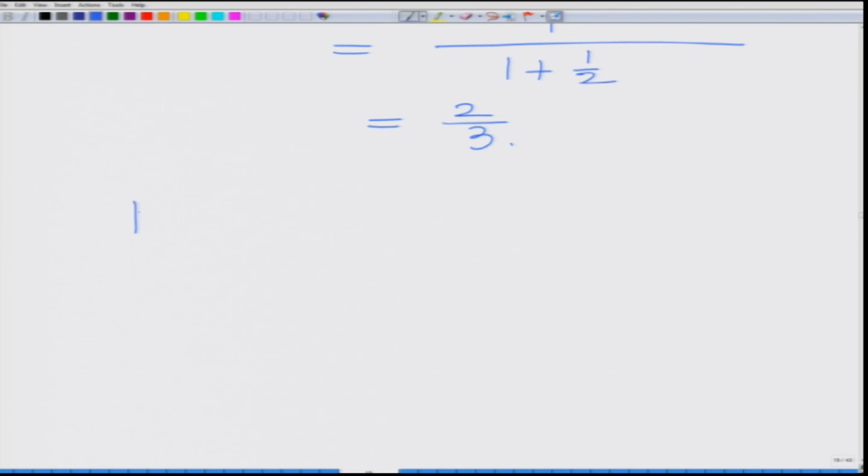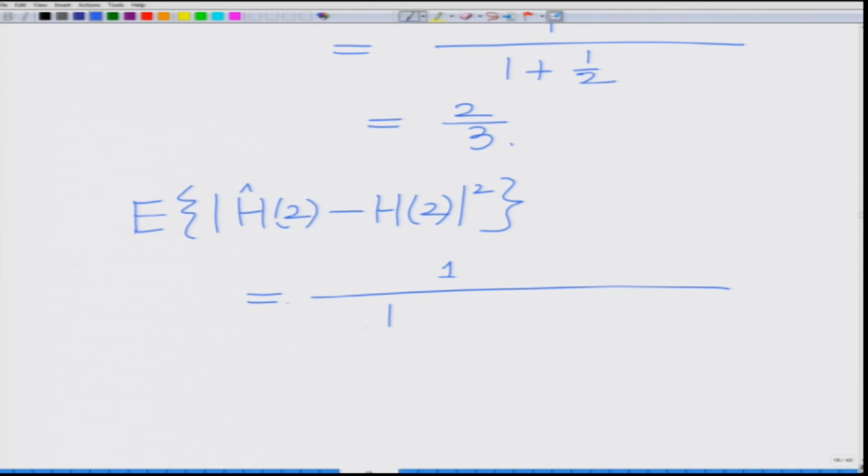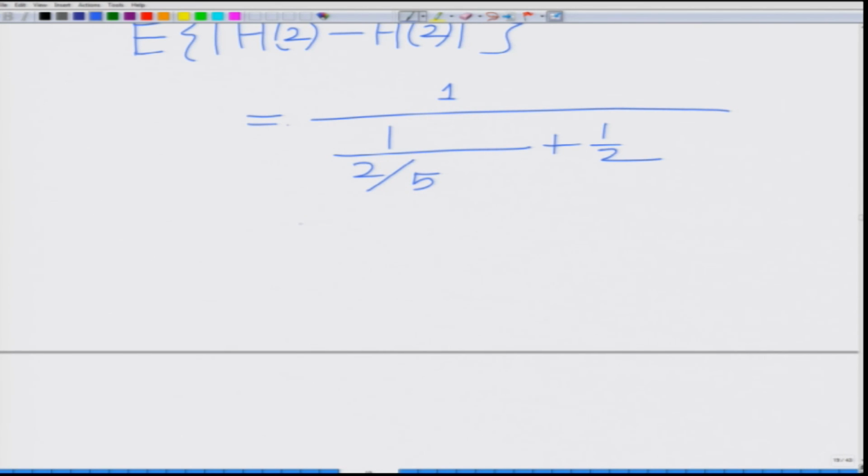Now, the expected value of magnitude h hat 2 minus h 2 whole square is equal to 1 divided by 1 divided by 2 divided by magnitude x 1 square. Magnitude x 1 square is magnitude 1 plus 2j square, that is 5, plus half, that is 1 divided by 5 by 2 plus half, which is 1 divided by 3.